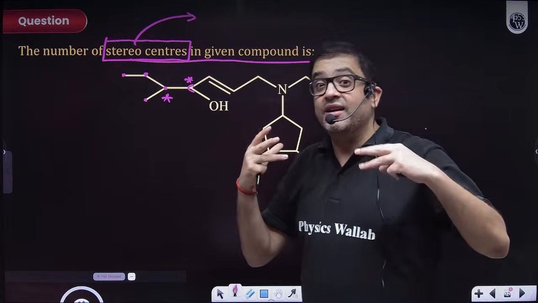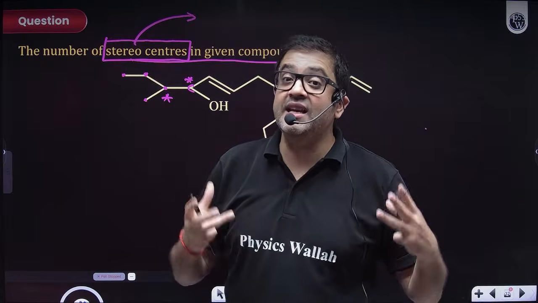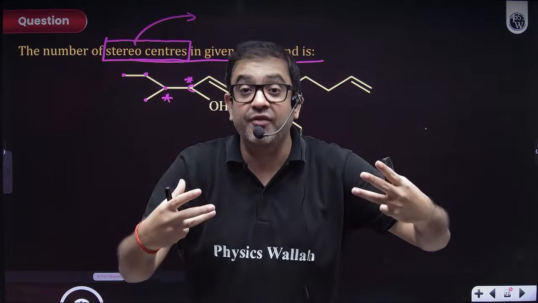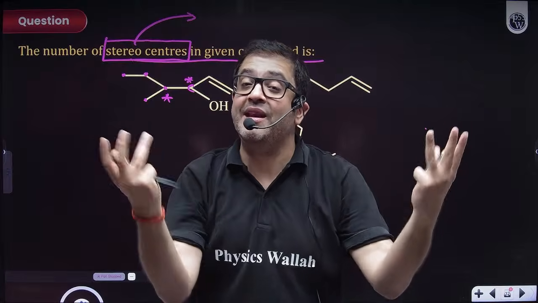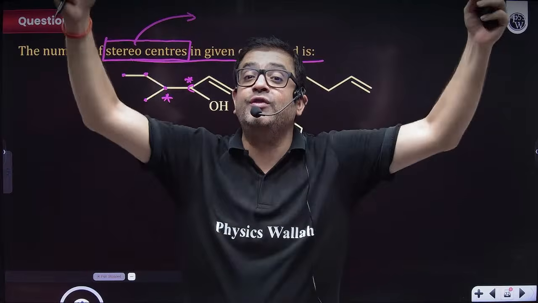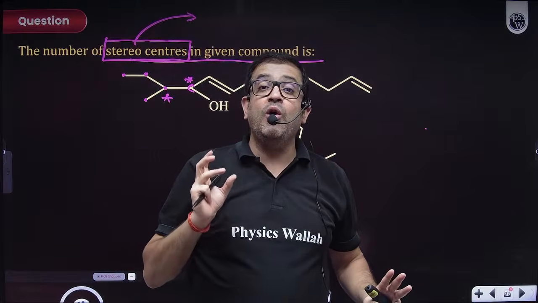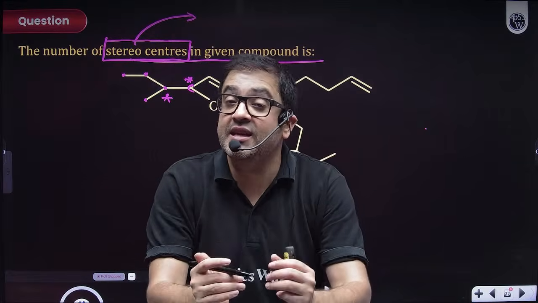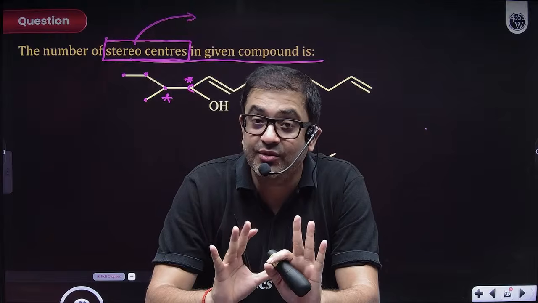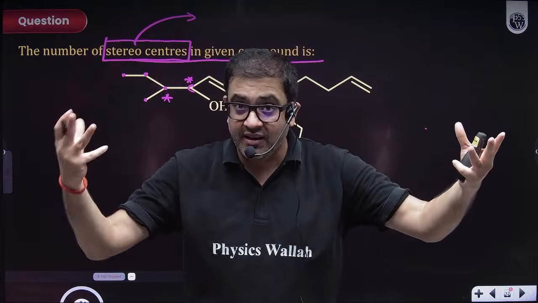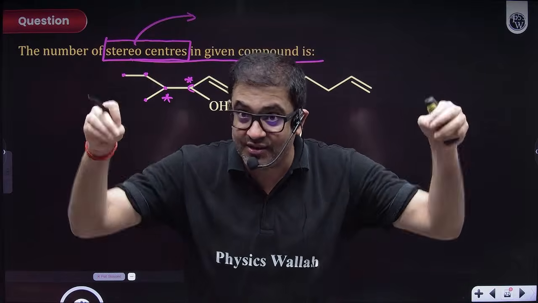But sir, C double bond C is a geometrical stereo center which has two different carbons as stereo centers and both of them should be differently substituted. So C double bond C is a geometrically active stereo center, having two different geometrical stereo centers.